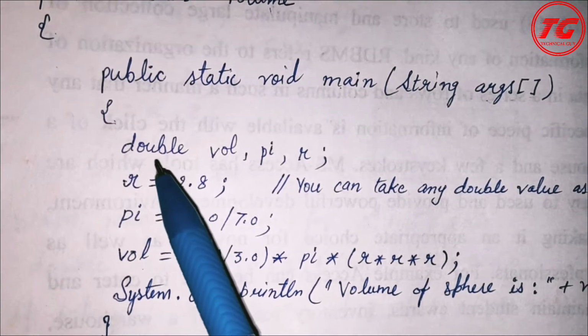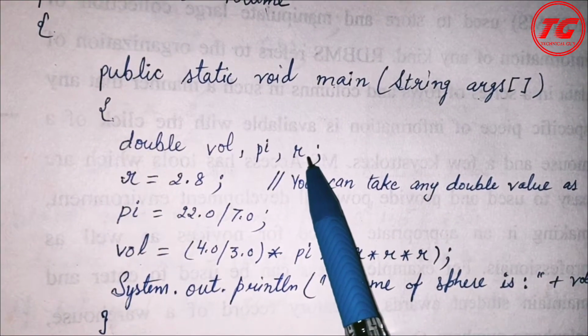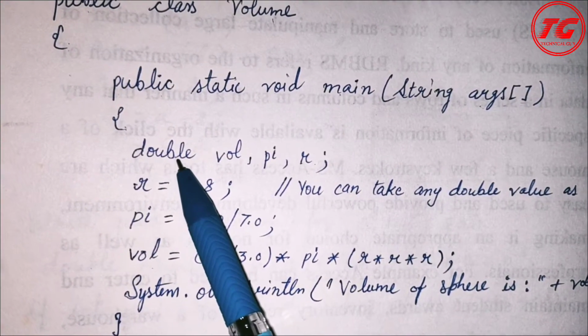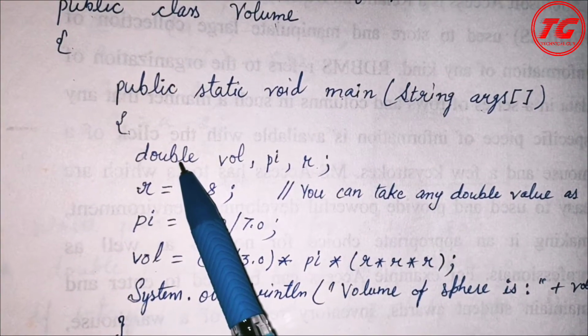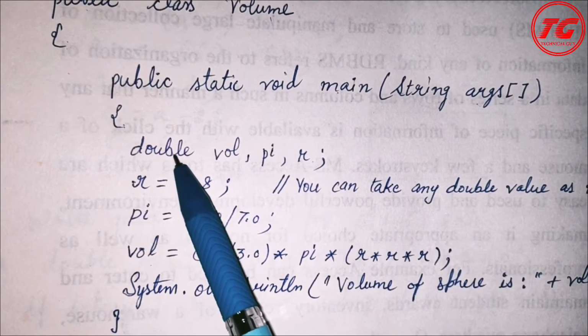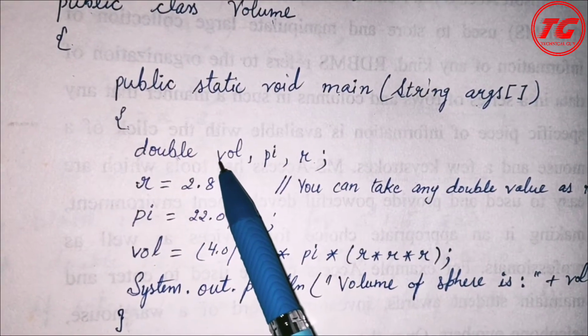Inside the main method we have taken three variables for storing data of a double data type. Double is taken because the volume can be in points.